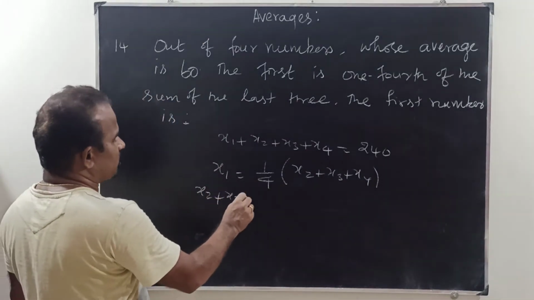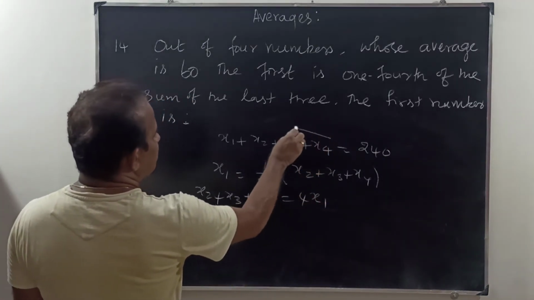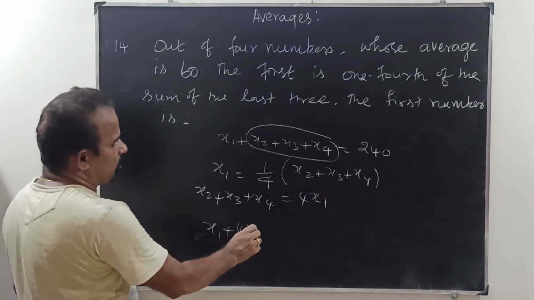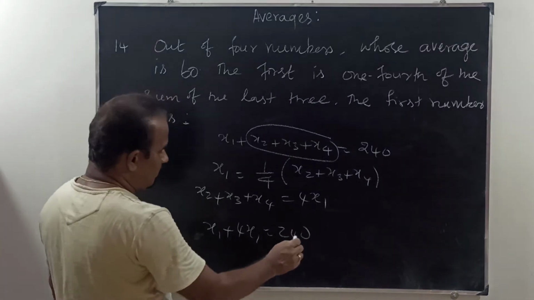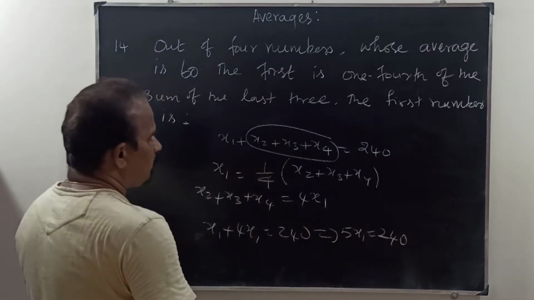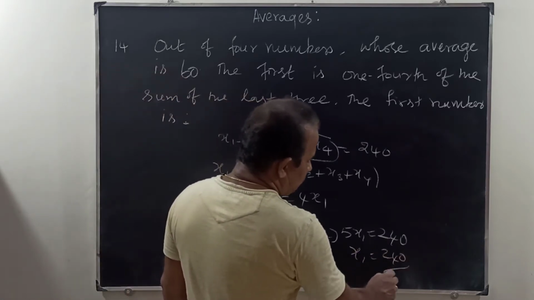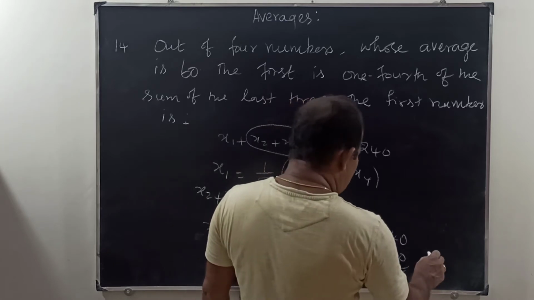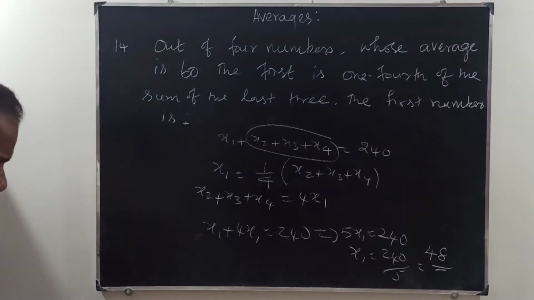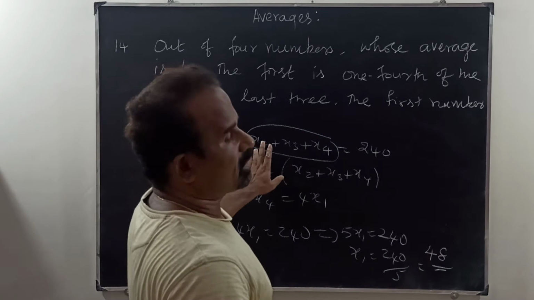So x1 plus 4x1 equals 240, therefore 5x1 is equal to 240, and x1 is equal to 240 divided by 5, which is 48. So the answer is 48.